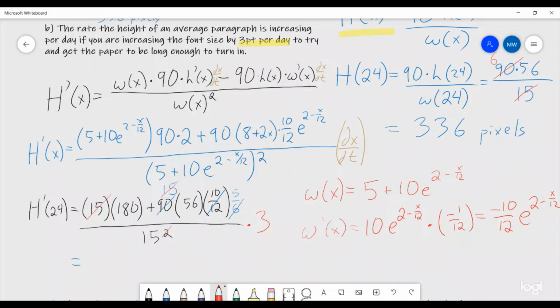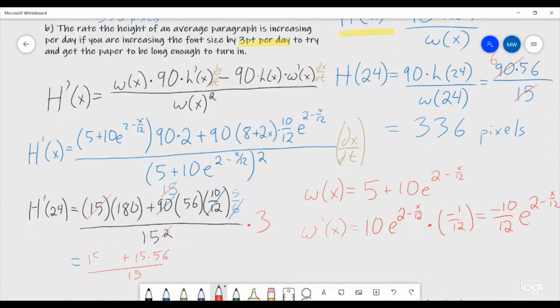So let's write that down. 180 plus 15 times 56 over 15. Well, 180, that's divisible by 15, so we can rewrite 180. Let's see, 15 times 2 is 30, and then 30 times 6 is 180, so 180 over 15, that's 15 times 12.